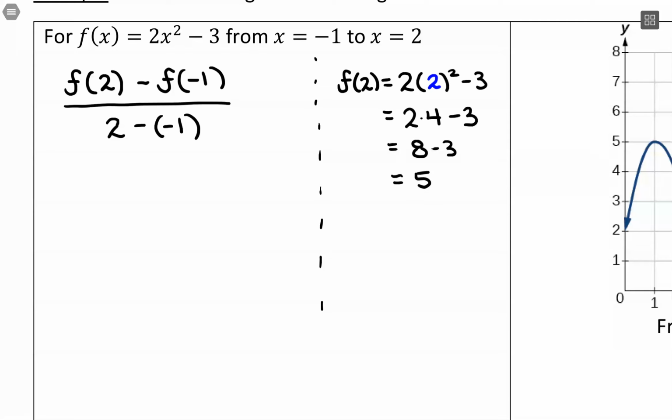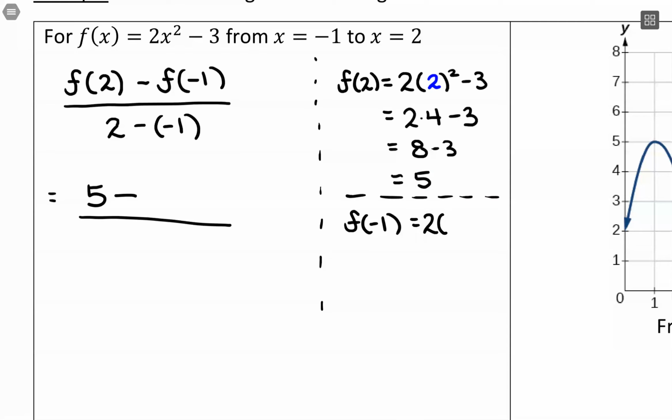So when I go to my next step here, where I see that f of 2 right there, I can just replace that with the number 5. So I'm going to have 5 minus, and then I'm going to go find f of negative 1 in my side work. So f of negative 1 will be 2 times negative 1 squared minus 3, which would be 2 times 1 minus 3.